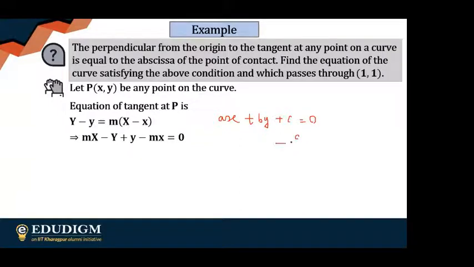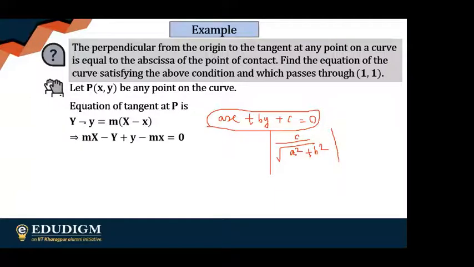The distance is c by root over a square plus b square along with a mod sign. Okay, look carefully at what we are doing here. Before you find out the distance from the origin, the perpendicular distance from the origin, it needs to be actually represented in this way. So that's what I have done.